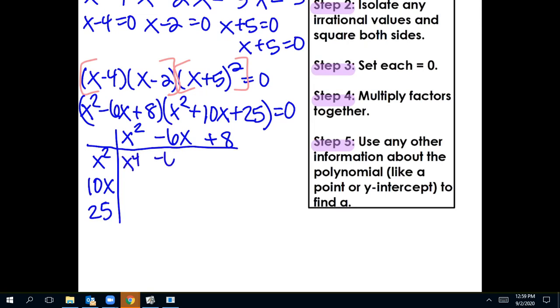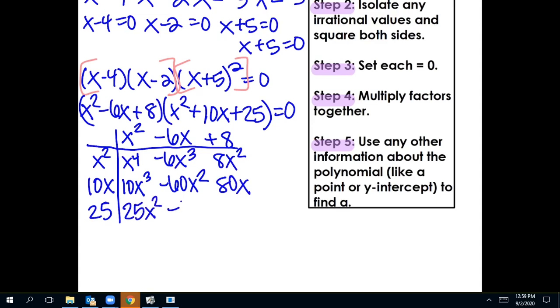So we have x to the 4th, negative 6x cubed, 8x squared, 10x to the 3rd, negative 60x squared, 80x, 25x squared, negative 150x, and then 200.